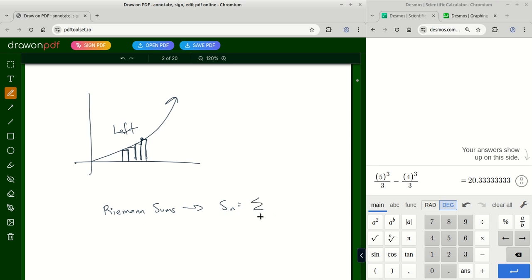And then we got this sigma, which I'm going to make actually look good for once in my life. There we go. So that's a capital sigma. It again means sum. And we got k equals 1 all the way to n of f of c sub k, and then times delta x.